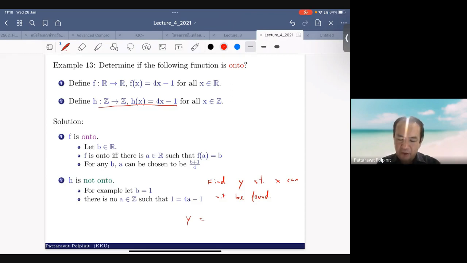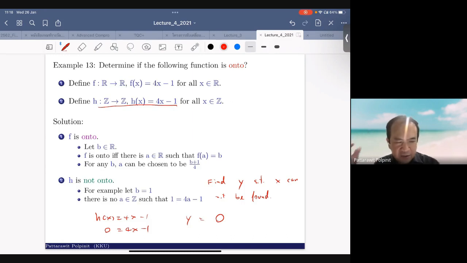Let's say y is equal to 0. Just guess. So you substitute 0 into the function. h of x is 4x minus 1, so y equal to 0. So you get 0 equal to 4x minus 1.